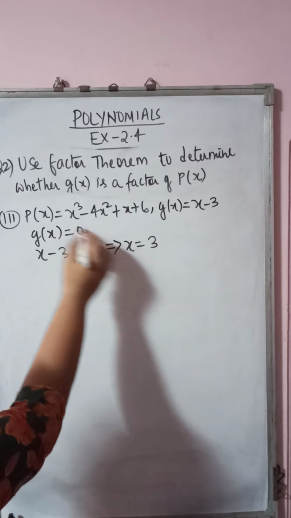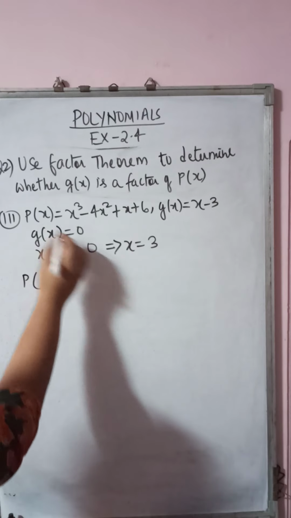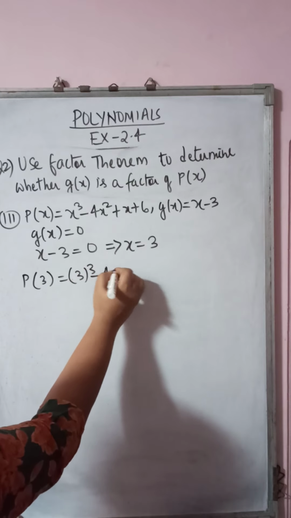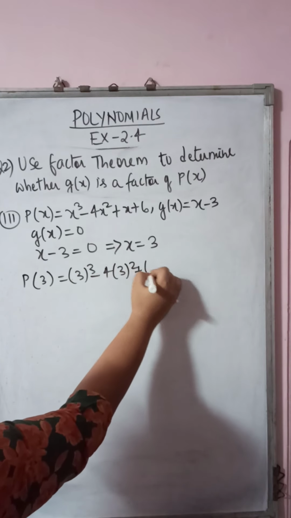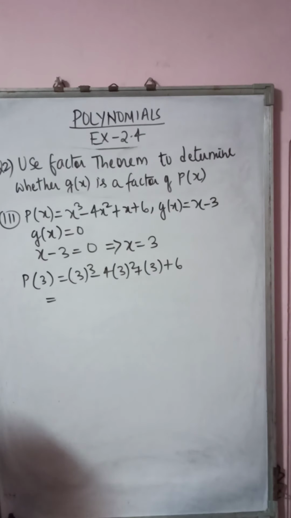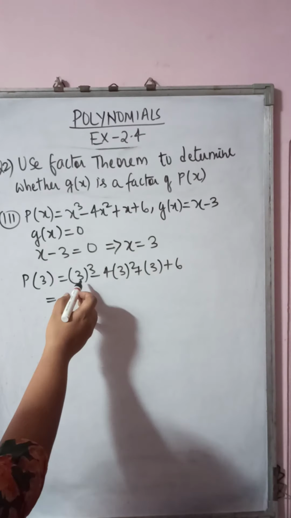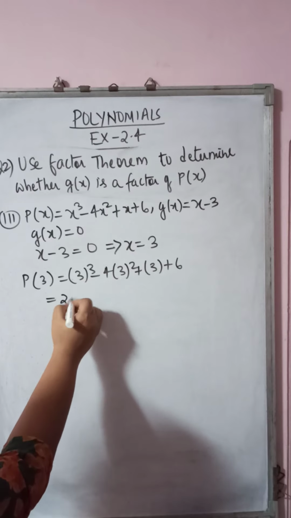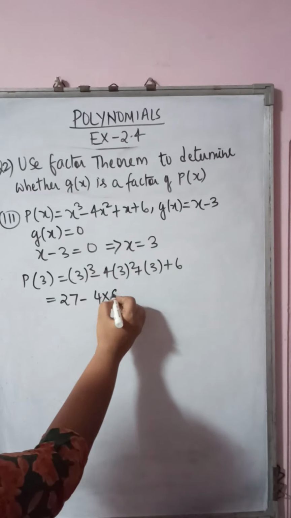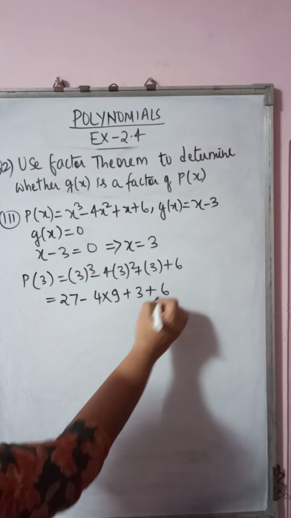Now put x is equal to plus 3 in the given polynomial. So in place of x, we will write 3. So 3 cube minus 4 into 3 square plus 3 plus 6. What is 3 cube? 3 cube means 3 times you have to multiply 3. 3 into 3 into 3, that is 27, minus 4 into 3 square means 3 into 3, that is 9, plus 3 plus 6.